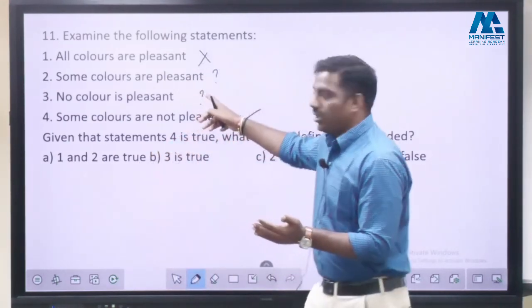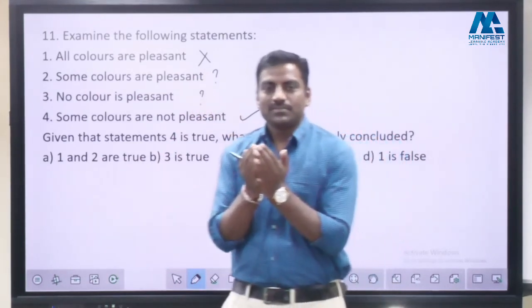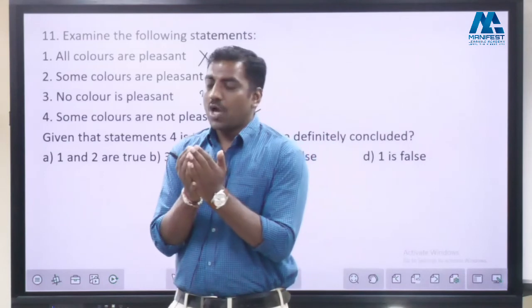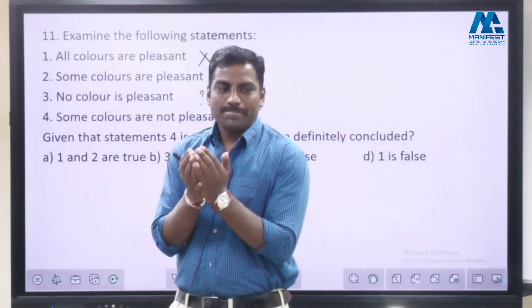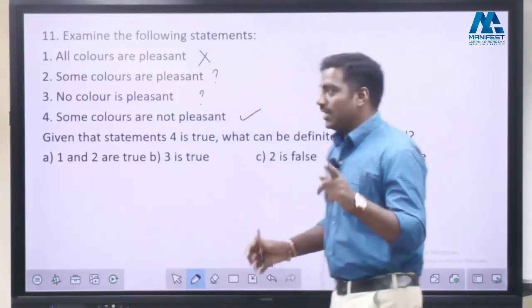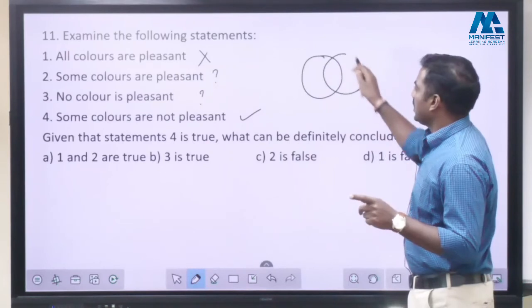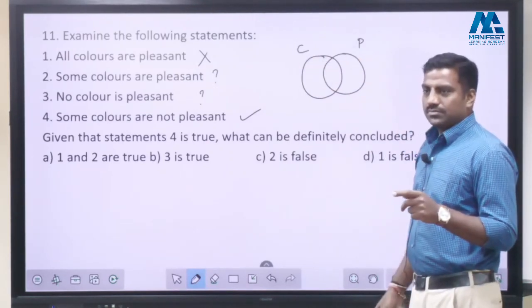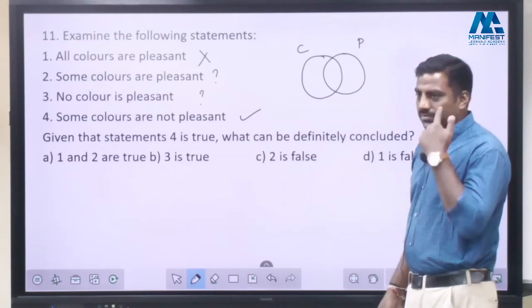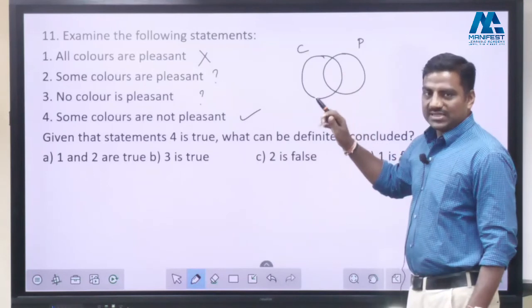Can I conclude some are pleasant? How? I'll tell you the reason. Colors and pleasant ones. Let's say totally 4 colors are there.